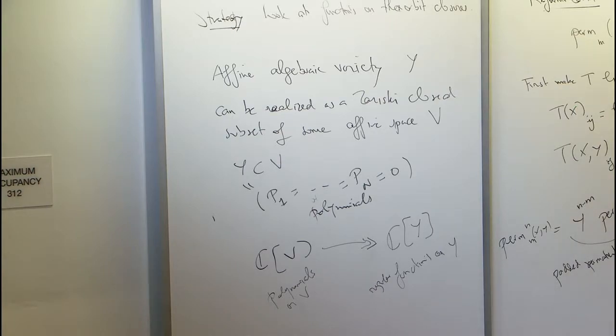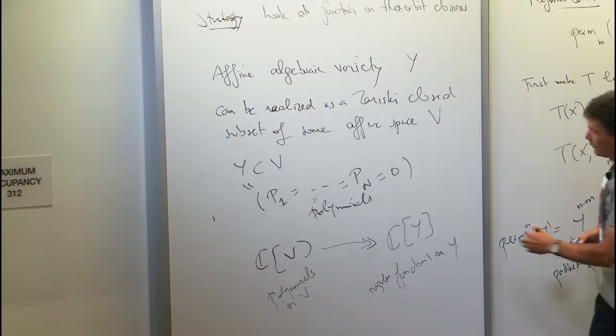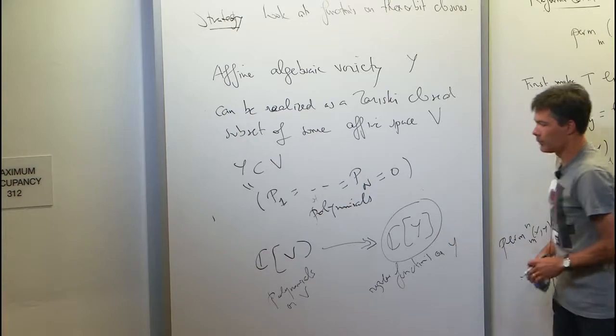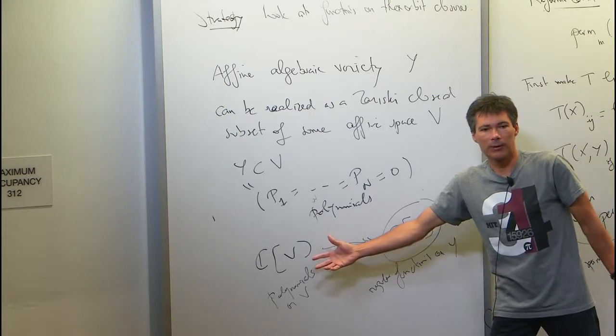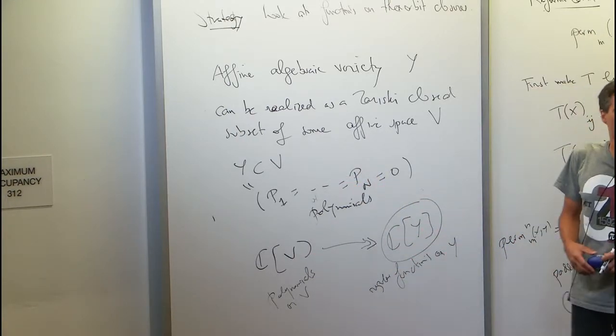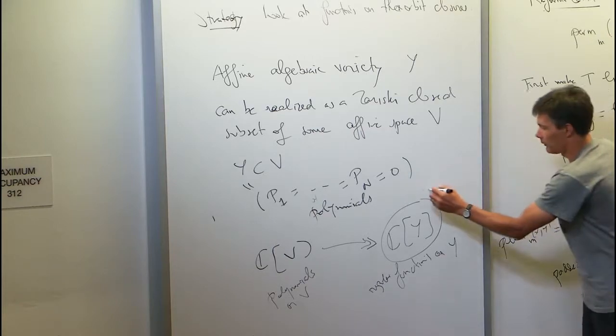And the point is that this object here, which a priori is defined in terms of V, so in terms of the embedding, does not depend on the embedding. So this is completely intrinsic.